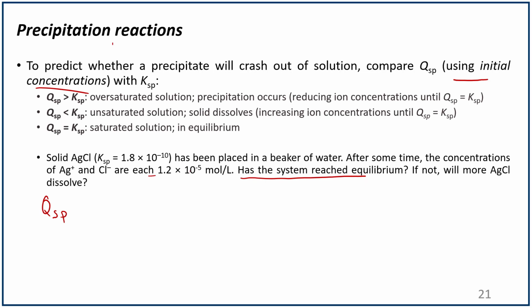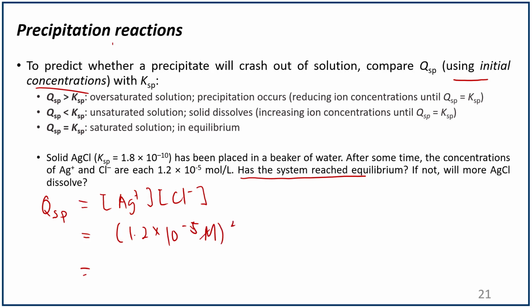Okay, so the Qsp here should be the concentration of silver that we're given times the concentration of chloride. They're both equal to each other, so we can just say that is equal to 1.2 times 10 to the negative 5 molar, squared, and this is equal to 1.4 times 10 to the negative 10.